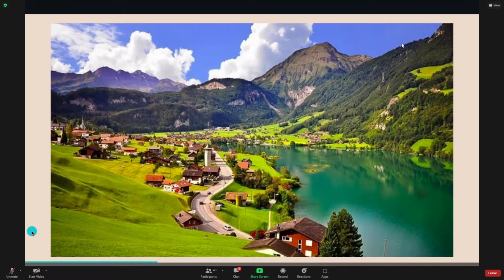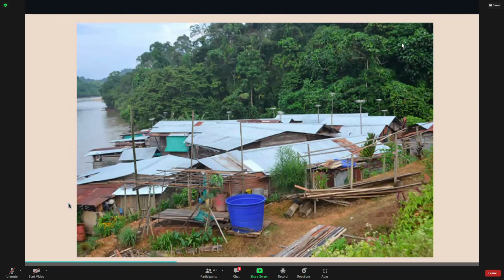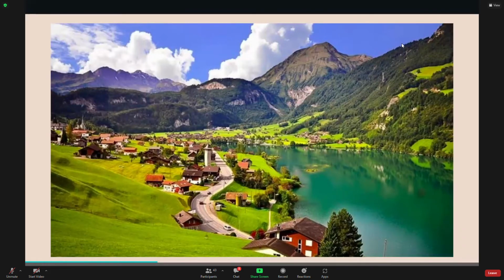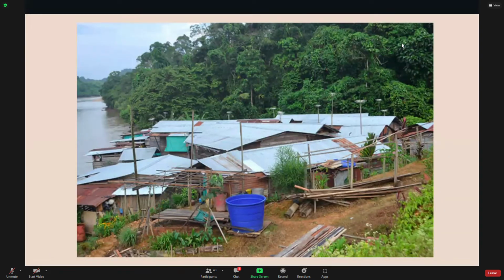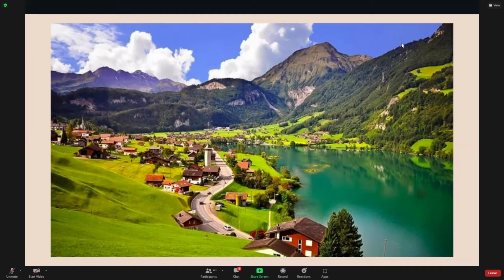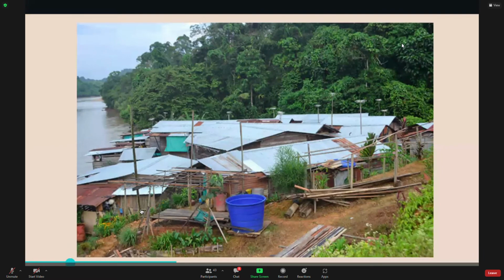So this is rural, the rural that most of you want to live in. And this is also rural. So what is the difference? Can you see the difference between this rural and this rural? This is the rural settlement in Switzerland, and this is the rural area in Sarawak.